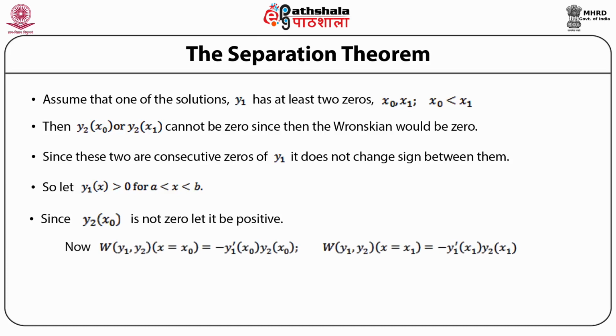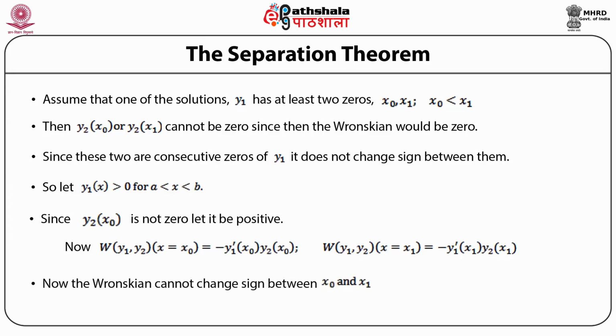Now the Wronskian W of y1, y2 at x is equal to x0 is equal to minus y1 prime of x0 into y2 of x0. Similarly, W of y1, y2 at x is equal to x1 is equal to minus y1 prime of x1 into y2 of x1, where y1 prime of x0 is greater than 0, which implies W of x0 is less than 0.